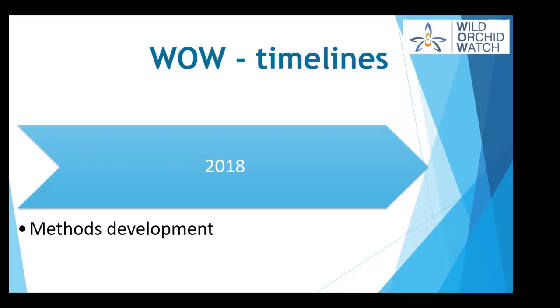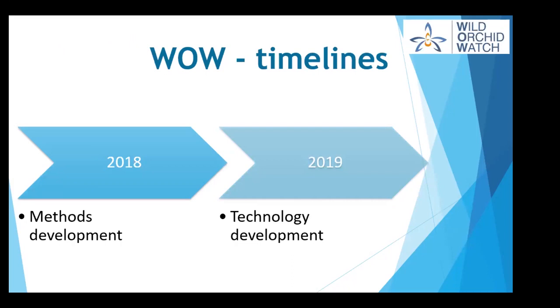So just to some timelines. So in 2018, we had to develop methods. 2019 was the technology development. And interestingly, we started with one concept, but as time went on, new things were being developed. So we were able to hit the right time with some of the new development that's going around.